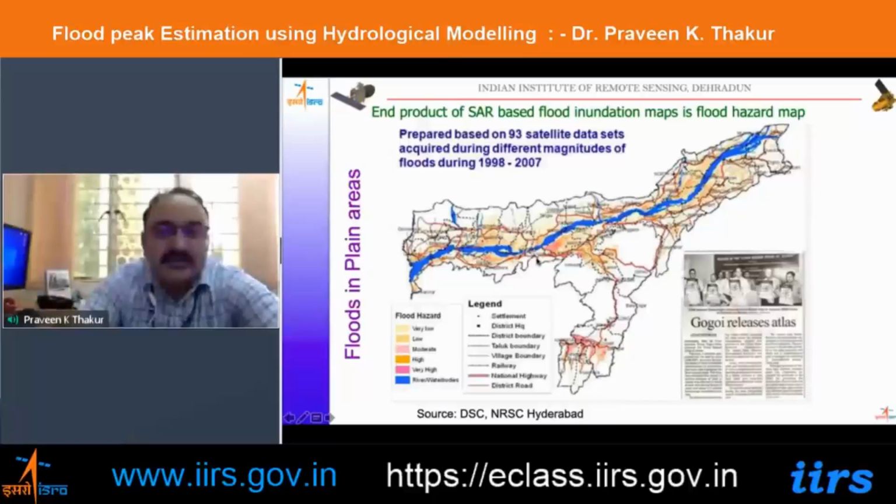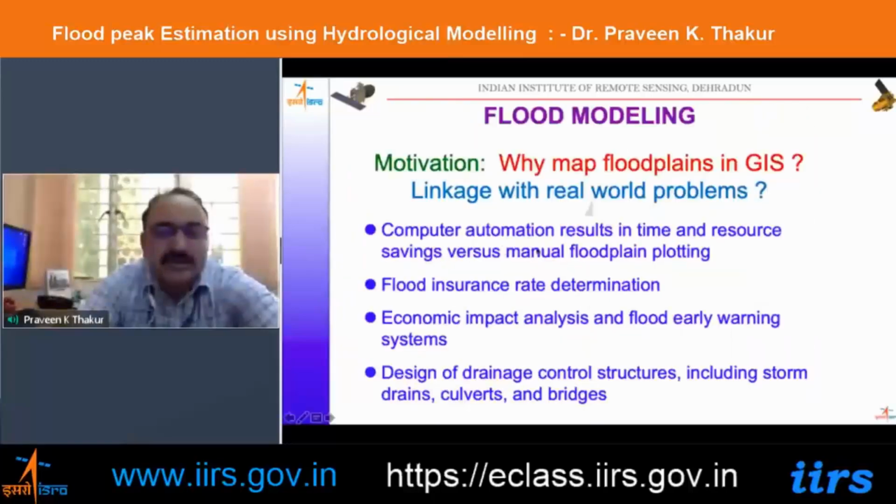Apart from these, there are four major points which give us great advantage while doing flood modeling. That is, computer automation results in saving of time and resources. Flood insurance: today, the government of India has declared insurance which will cover floods, forest fire, and also earthquakes.